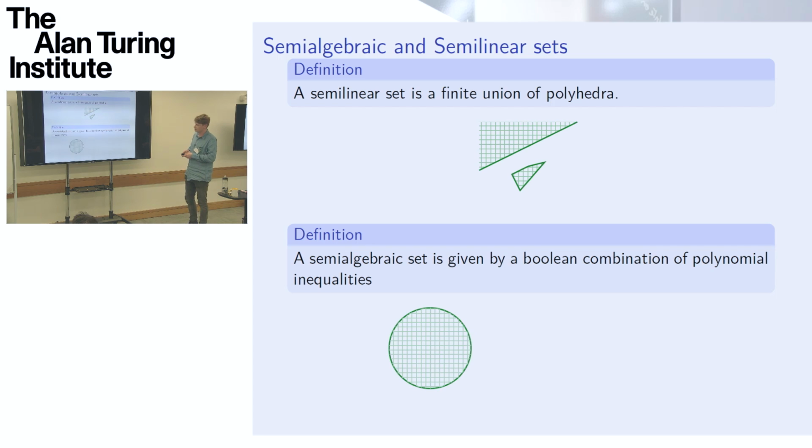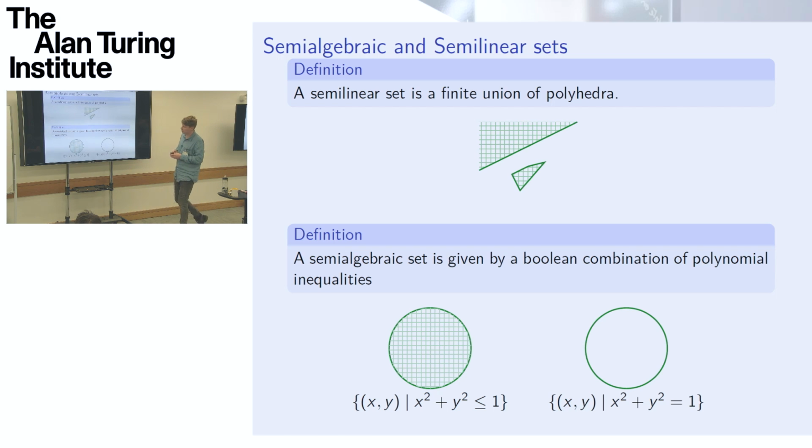For instance, a disk is given by this equation. So a disk is a semialgebraic set. A circle is also a semialgebraic set, because the equality can be expressed as smaller and larger. A lot of sets are semialgebraic. That's a really rich class of sets.